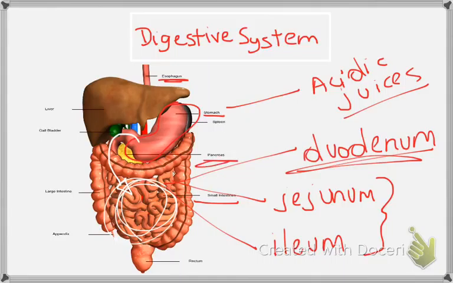Then comes the pancreas right here, which is this yellowish structure you see. The pancreas is an organ gland located in the abdomen, and its job is to produce important enzymes and hormones that would go to the small intestine, so that food can be broken down. These hormones and other important substances go to the small intestine right here, so that the food there can be digested.